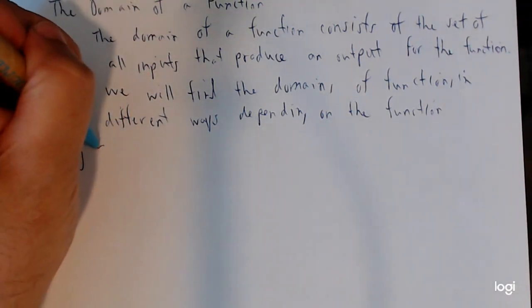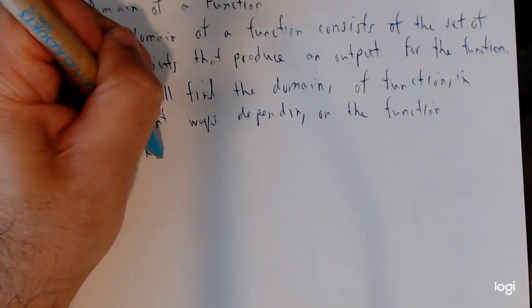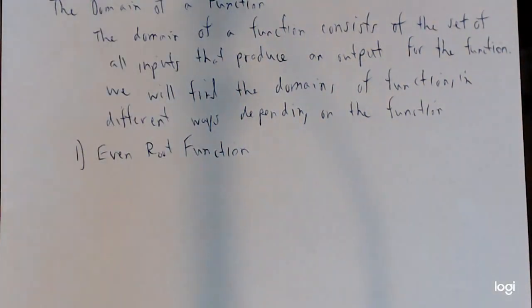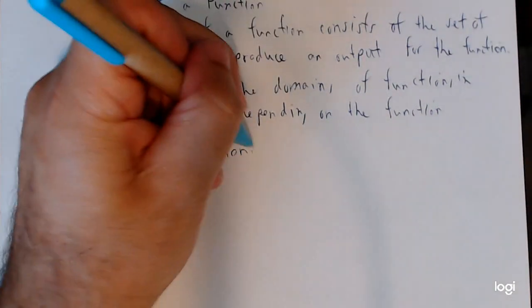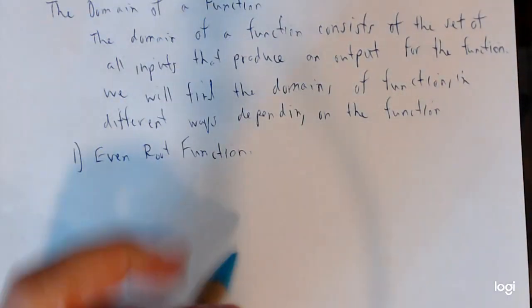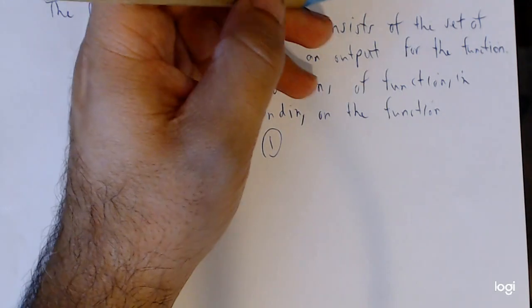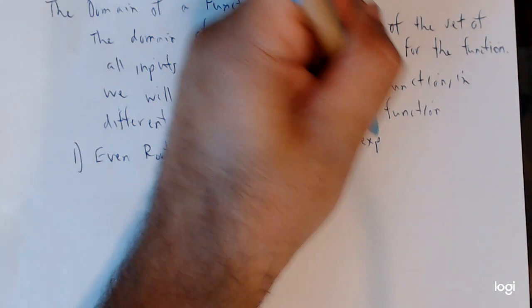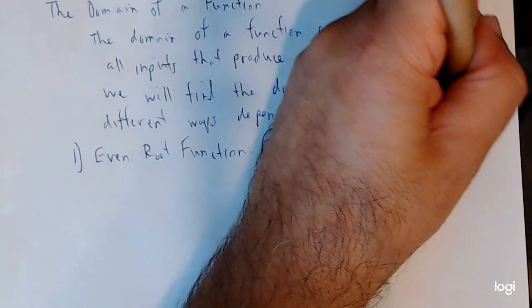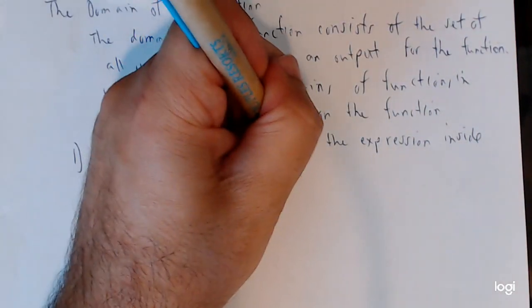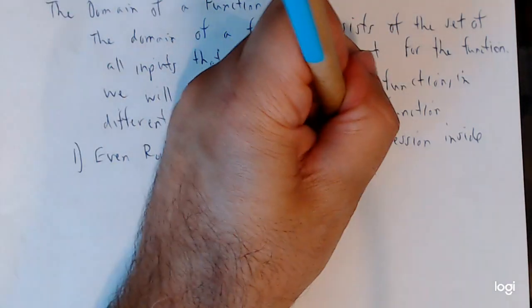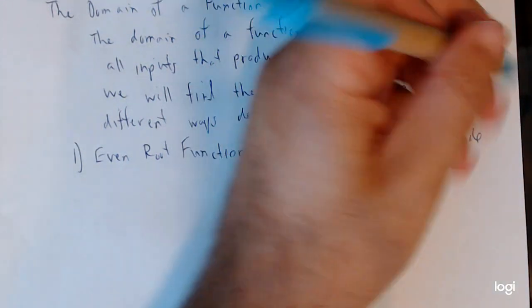One of them is, what if I have an even root function? So like these are my square roots or fourth roots and so on. When we're finding the domain of this, one classic way is we basically set the expression inside the root greater than or equal to 0 and solve.